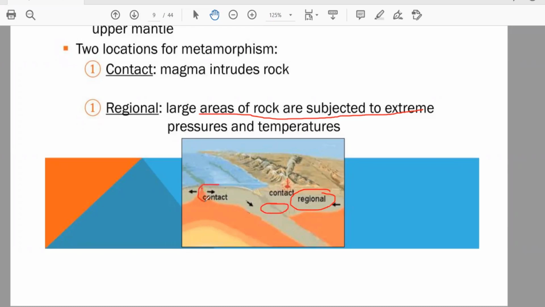Number one is contact, where the magma comes to any sedimentary or igneous rock and converts it into metamorphic rock. Or the large areas of rocks, due to high pressure, convert automatically into metamorphic rock without interaction with the magma.